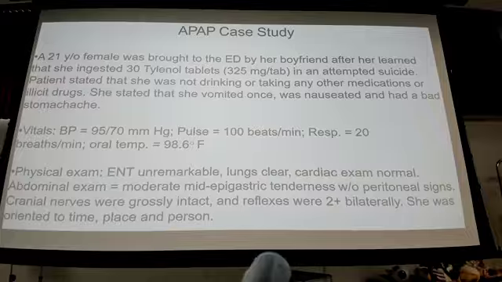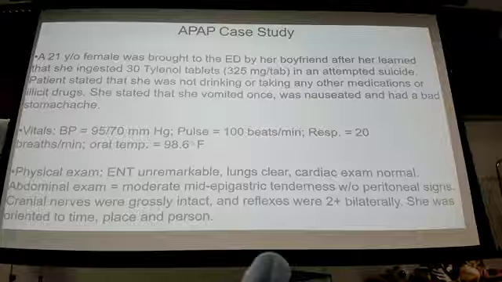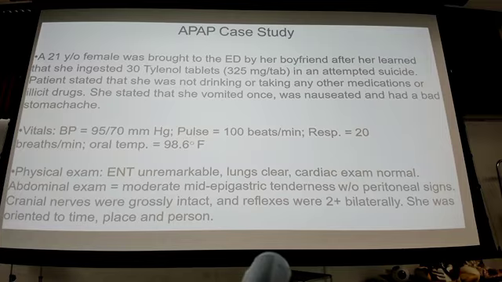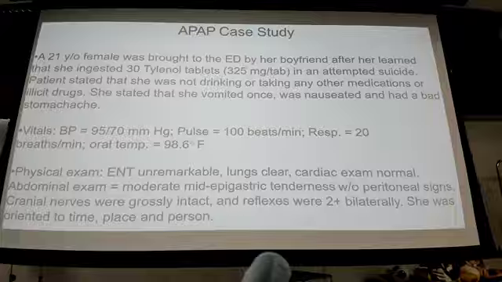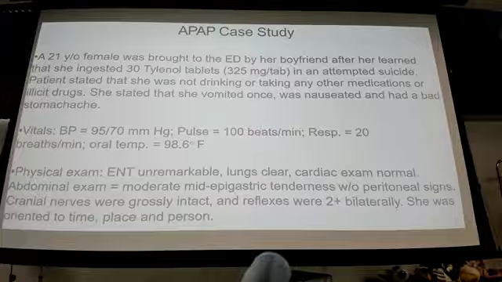In doing the math, the 30 tablets that she consumed is almost 10 grams of Tylenol, which, as I mentioned, 4 grams is the maximum safe dose. So she's now more than double the amount.